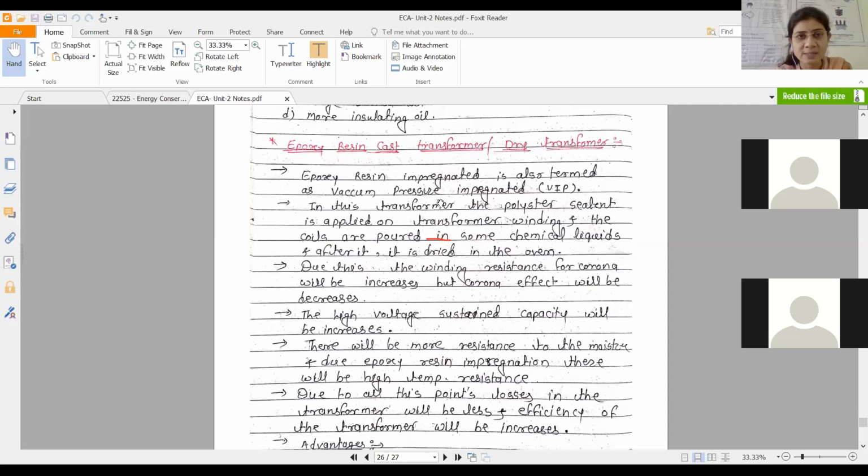तर याच्यामध्ये काय असतं की जे काही we can say this epoxy resin cast transformer as a dry type transformer. तर याच्यामध्ये काय असतं की जसं आपलं कन्व्हेन्शनल ट्रान्सफॉर्मर असतो.